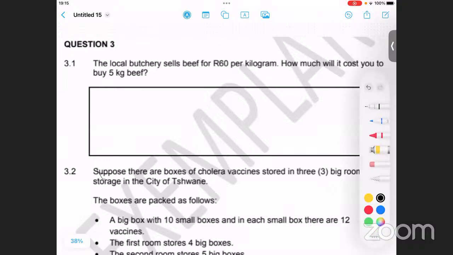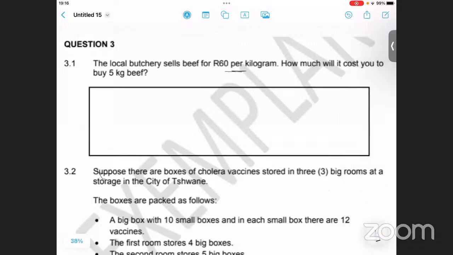So the first statement that you see in here says the local butchery sells beef for 60 rand per kilogram, okay? So that means 1 kg, because they're saying per kilogram. They're simply saying 1 kg of the beef is equal to 60 rand.